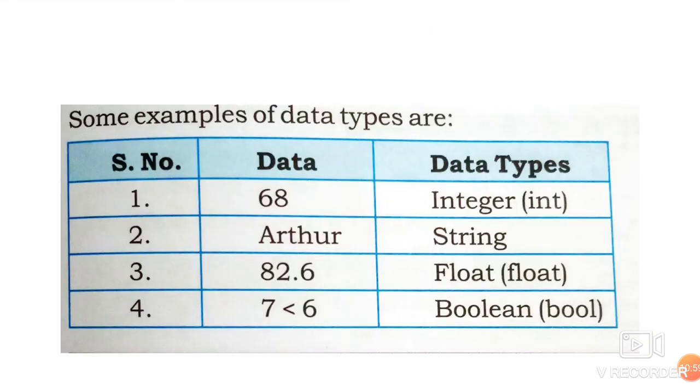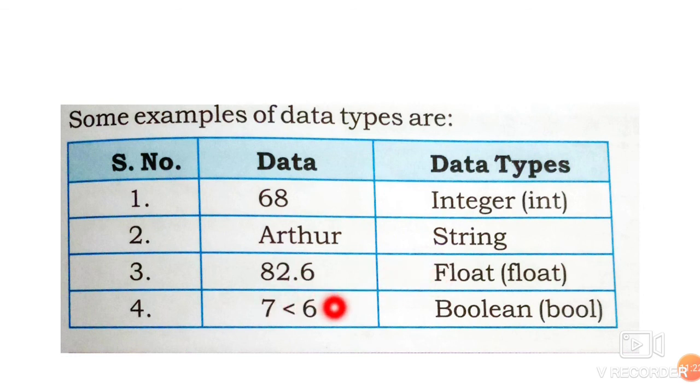Now here are some more examples. Data is 68, so the data type is integer. Next, author is a set of characters, so it's a string. Next, 82.6 contains a decimal point, so it's a float.